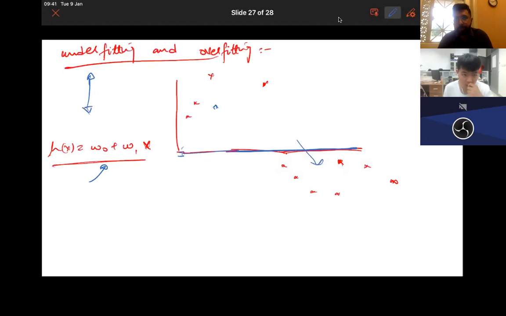Okay, so let's look at an overfit and see what an overfit is. I think I lost some of the points. Let's say I have 13 points.